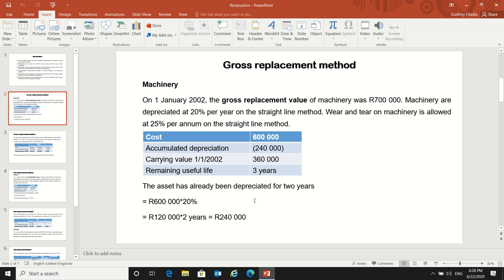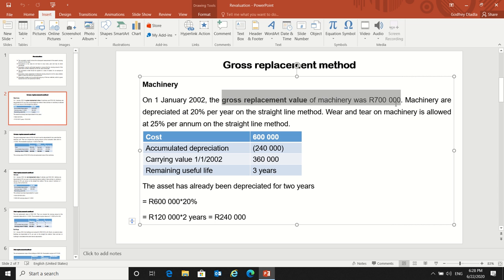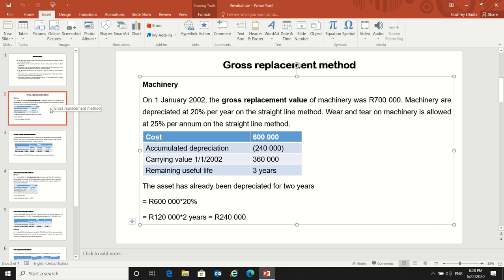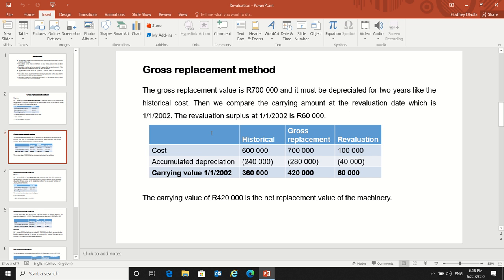Now, how then do you address the gross replacement? You say this is 700 on this date, 1 January, when the carrying amount was 360. The first thing you do, you must depreciate the 700,000 of gross replacement exactly the same as this 600,000 here. So 600 minus 240 gives 360, so already this has been depreciated for 2 years.